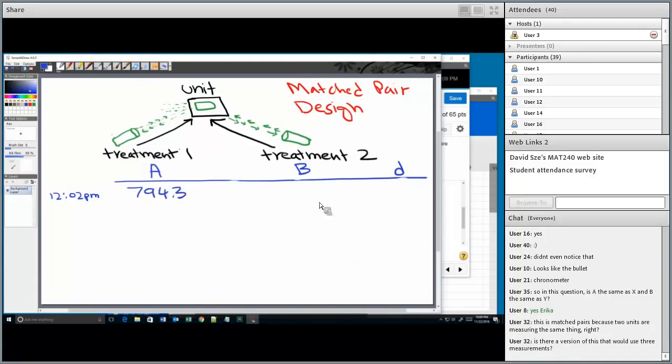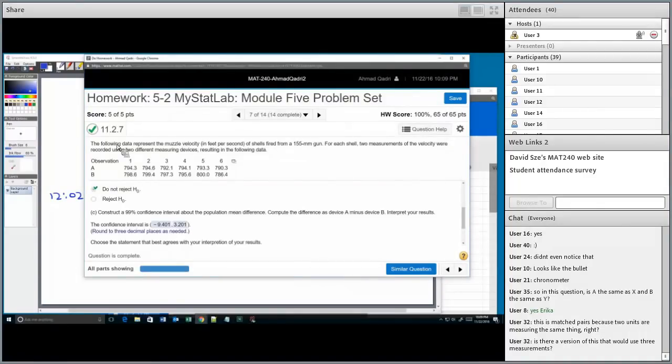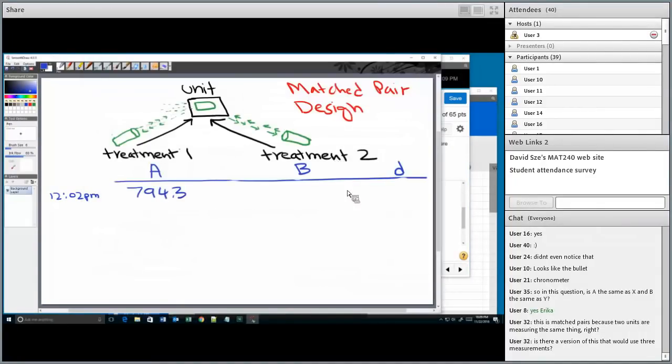B says it's 798.6. Yes, you can have that too. You can use three different devices, but that's a more complex case, and we're not going to consider that.